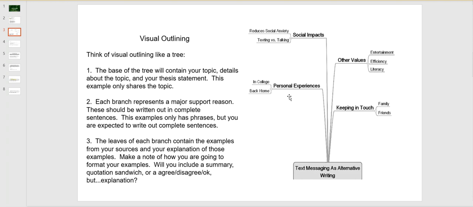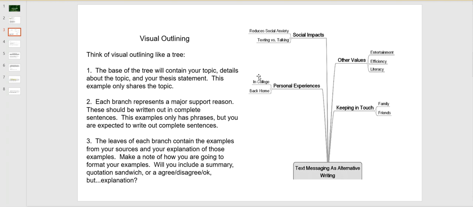Then think of these branches as those major reasons that you're talking about. So Roman numeral 2, Roman numeral 3, Roman numeral 4, and 5. And so these represent branches, if you're thinking of this as a tree.